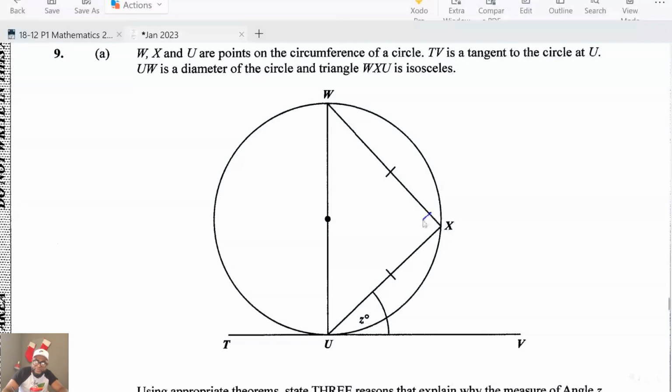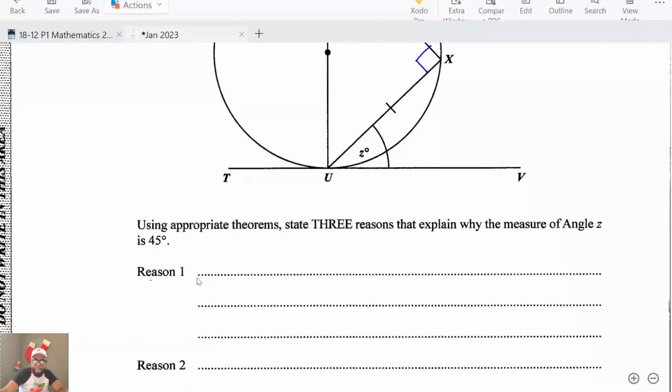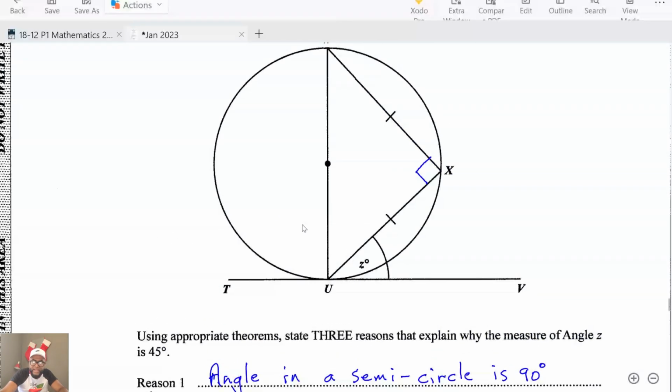The first thing we know here is 90. What's the term for that? An angle in a semicircle is 90 degrees. Reason 1: angle in a semicircle is 90 degrees. What could that lead us to find?